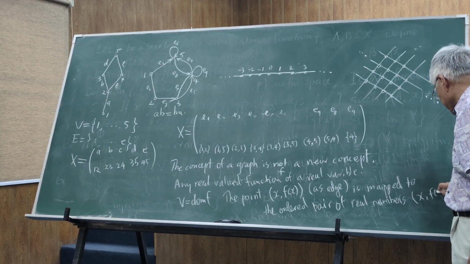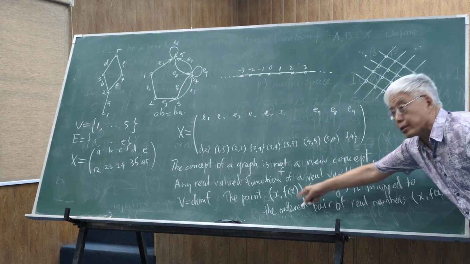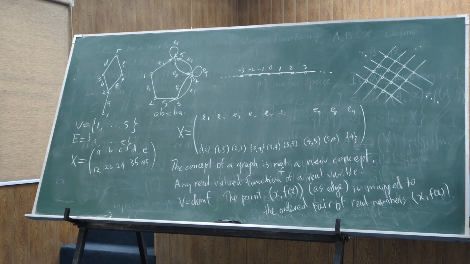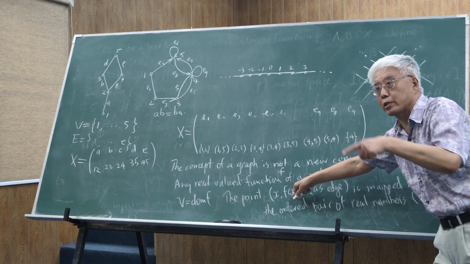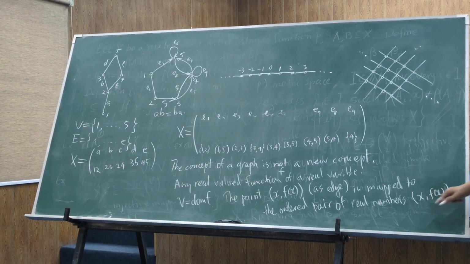When we look at this, we see it as an ordered pair of real numbers. When we look at that, we see it as a point. That's what we're doing, isn't it? We are looking at this as a point. That's the coordinate of a point. This is an ordered pair of real numbers. We are mapping that point to this ordered pair. So this explains that functions are graphs.